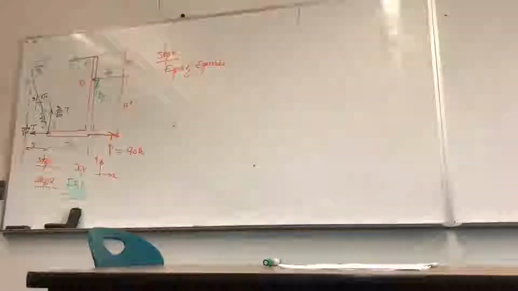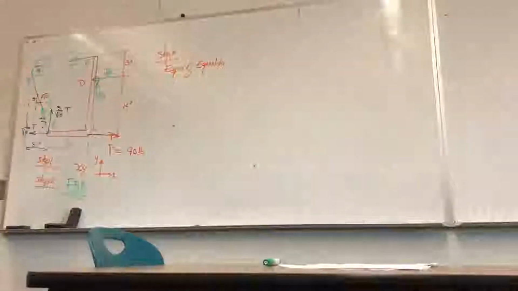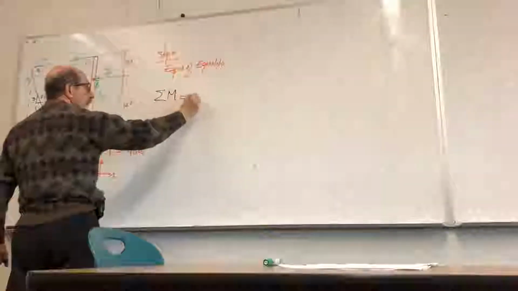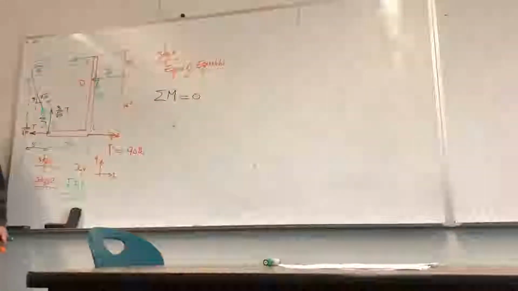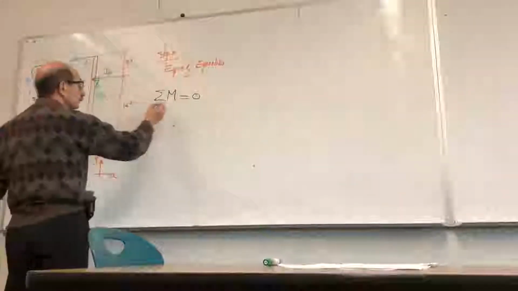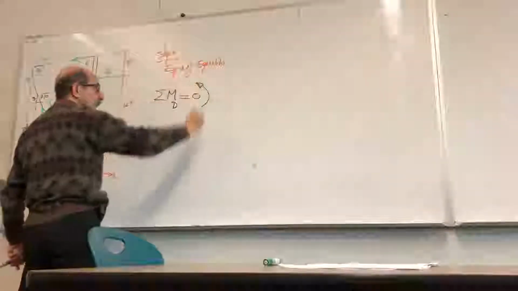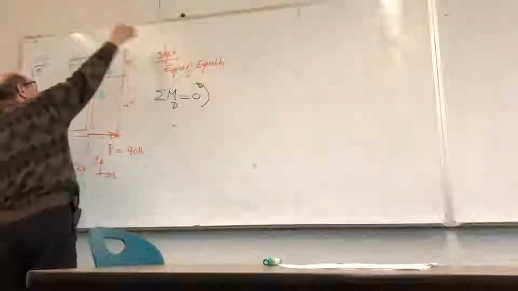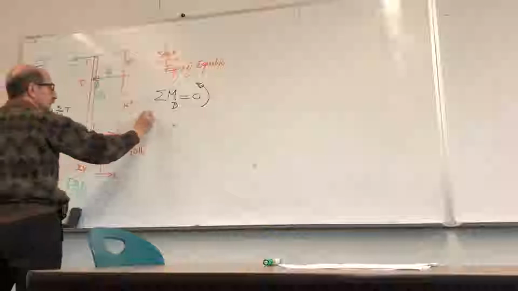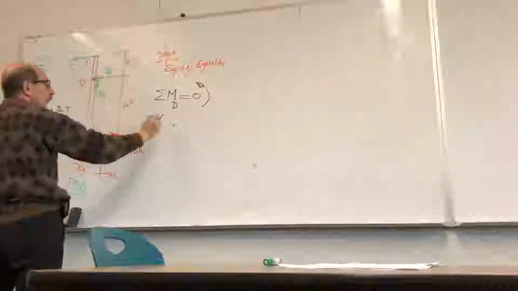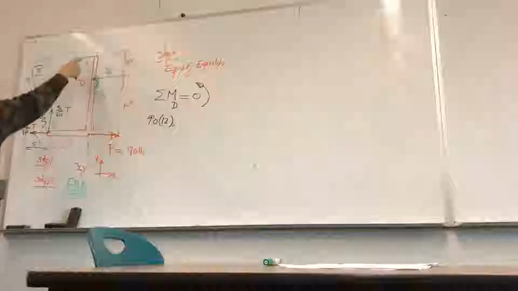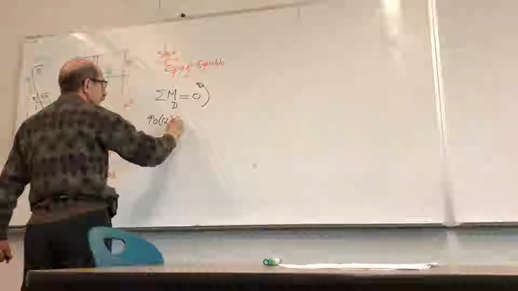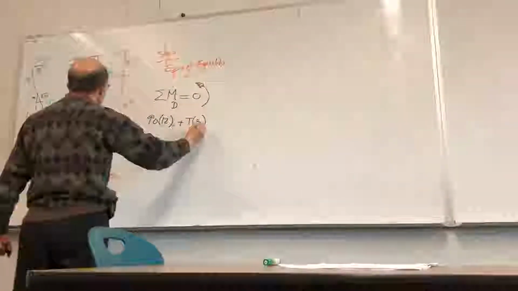Now, let's write equations of equilibrium, starting with summation of moments equal to 0 about a point where two unknowns intersect, so we get rid of them. That point would be D. Taking summation of moments about D, this force makes a counterclockwise, positive moment, P times this moment arm 12. This one, about point D, also makes a counterclockwise or positive moment, so you have T times 3.